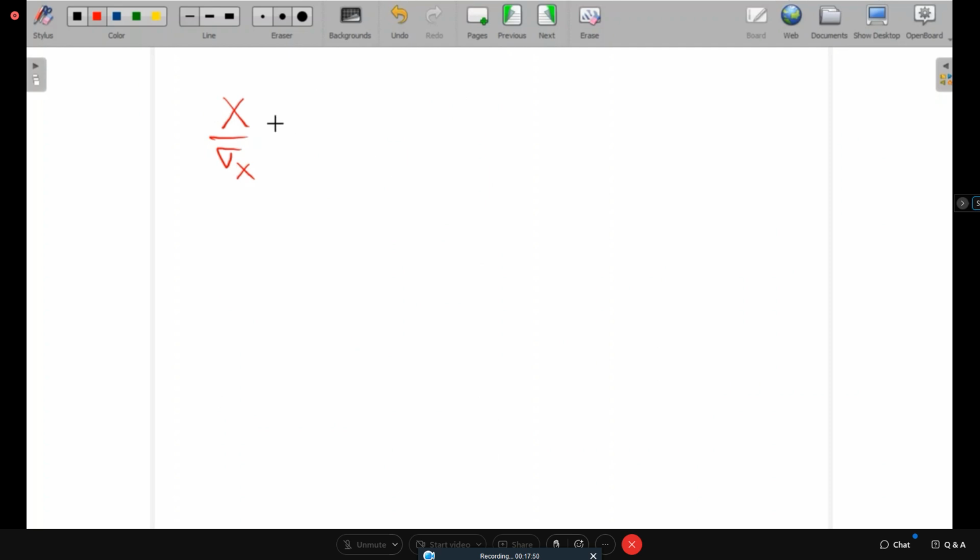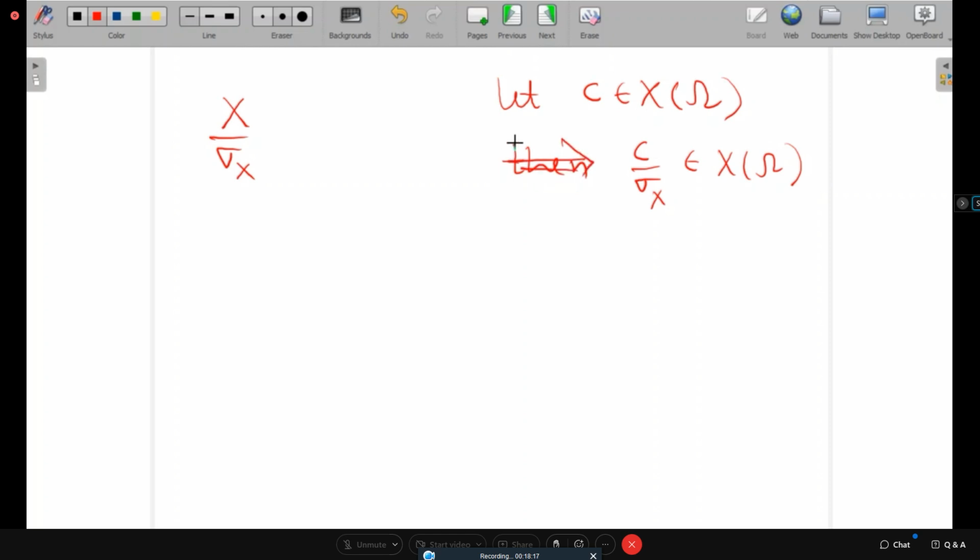Suppose x is taking any value, so you have c belongs to x of omega, any value in the range space, because I don't know whether it is discrete or continuous. Then what are the values x by sigma x will take? c by sigma x belongs to x of omega if and only if c belongs to x of omega.